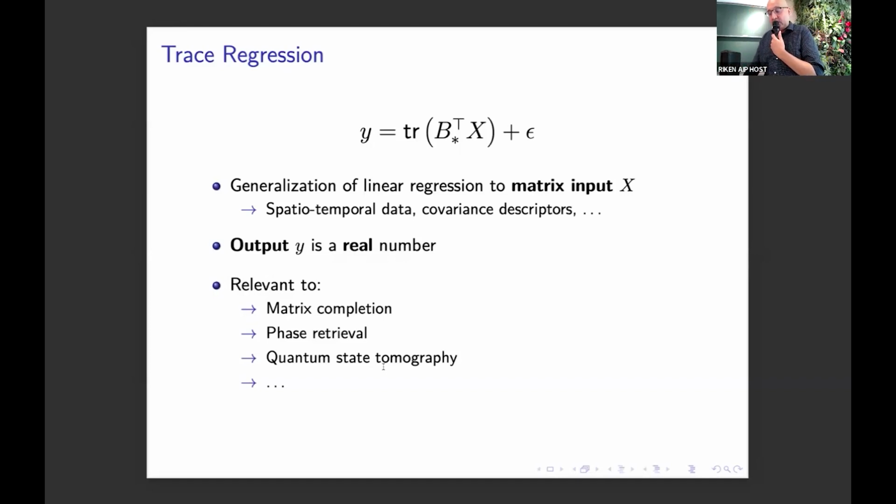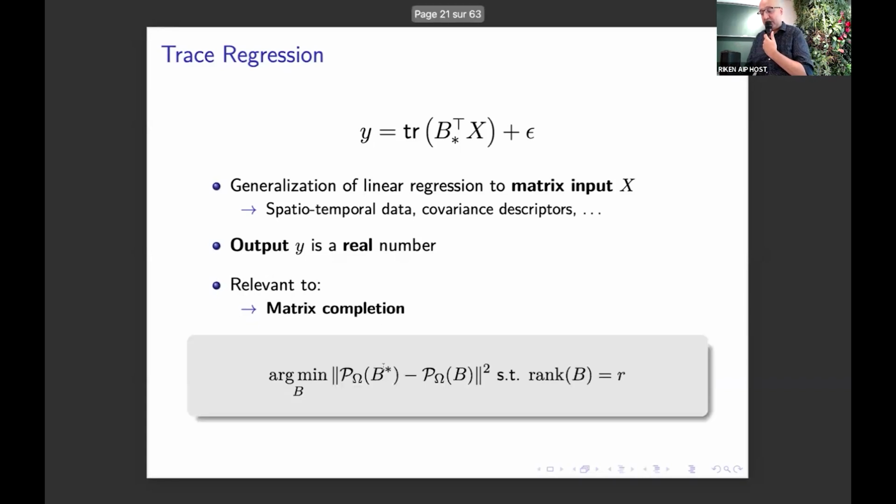I will not go into the details of how to write all these problems as trace regression, but as an illustration, I will talk quickly about matrix completion, which is a widely known task in the field of machine learning. Matrix completion can be formulated as follows. We have a matrix, let's say matrix B star, okay? And in your matrix B star, you have different points which are missing.